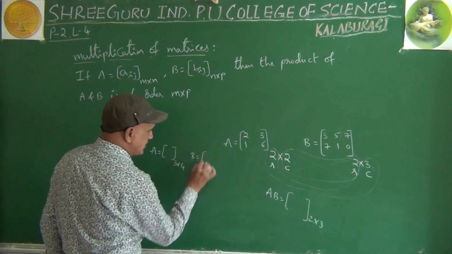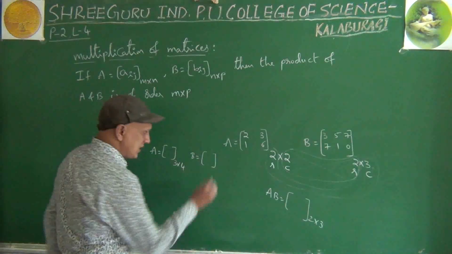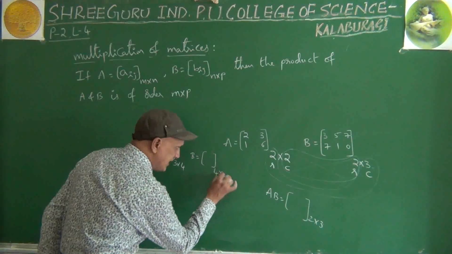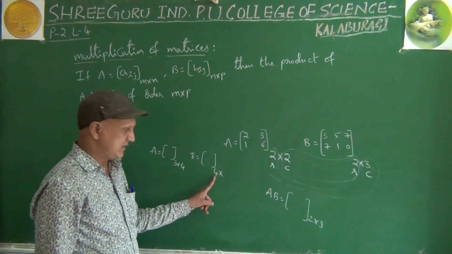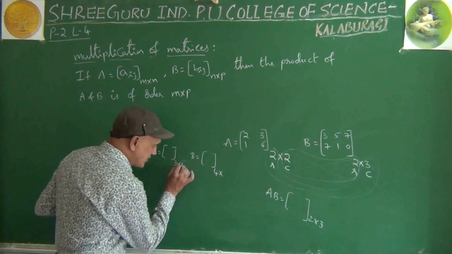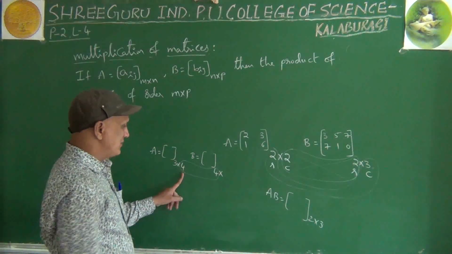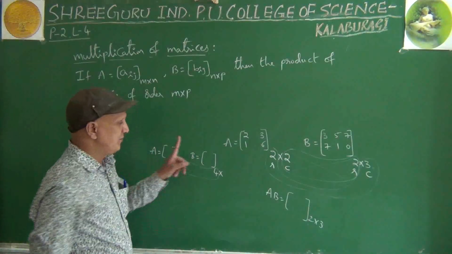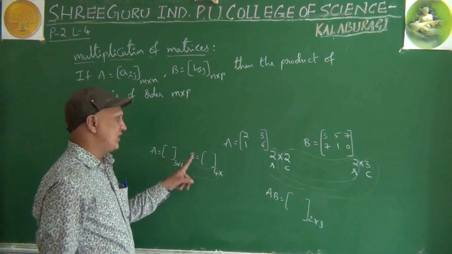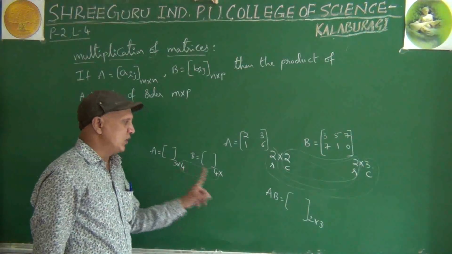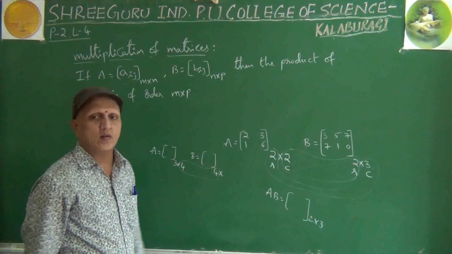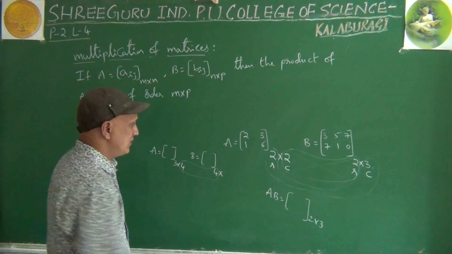Capital B matrix should be, what should be the order? Compulsory 4 by. This is fixed. Why? Because these two should be same. Number of columns for the first matrix and number of rows for the next matrix, both should be same. Then only multiplication is possible.